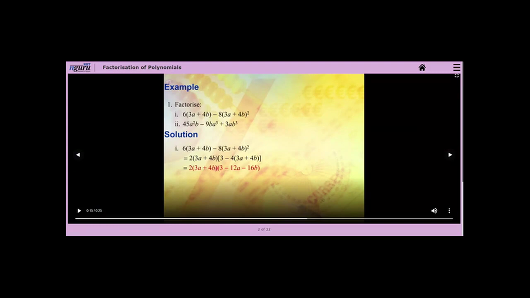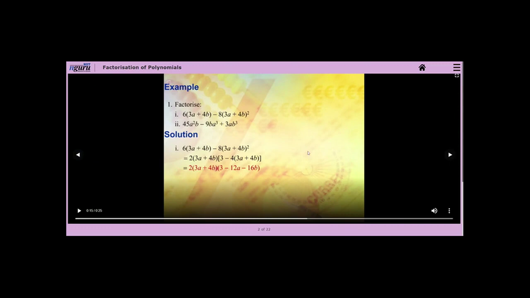Then you will get 2 into 3a plus 4b multiplied by 3 minus 12a minus 16b. Correct? It's not just 3a plus 4b which is common. 2 also is common. 2 into 3a plus 4b is common. Correct?